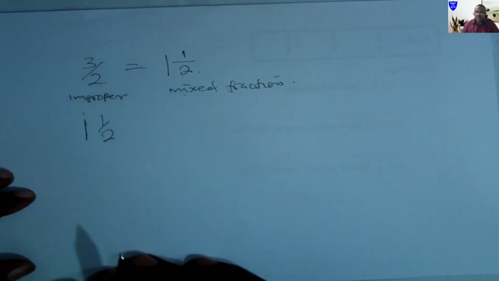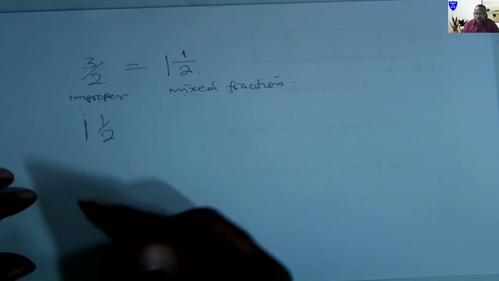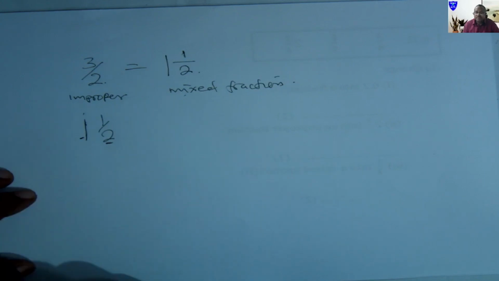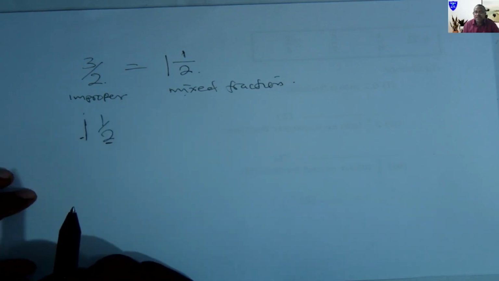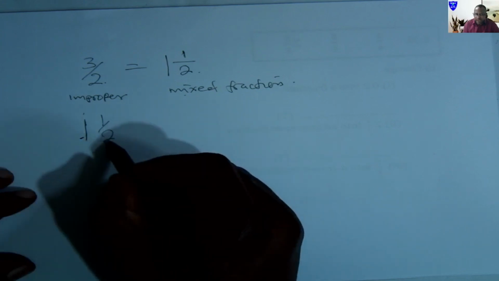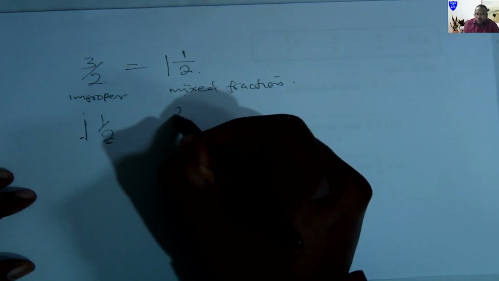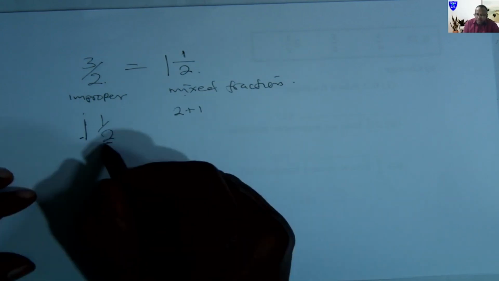Right, up there we are trying to change this mixed fraction into an improper fraction. What you do is you multiply the denominator with the whole number, and then you add the numerator. So if we multiply 2 times 1, we get 2. Then we add the numerator 1 there, and then we retain the denominator.